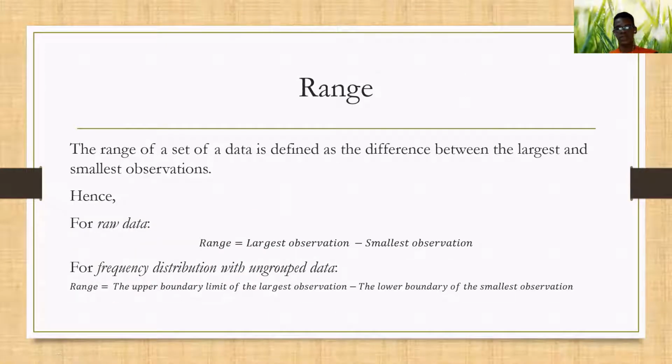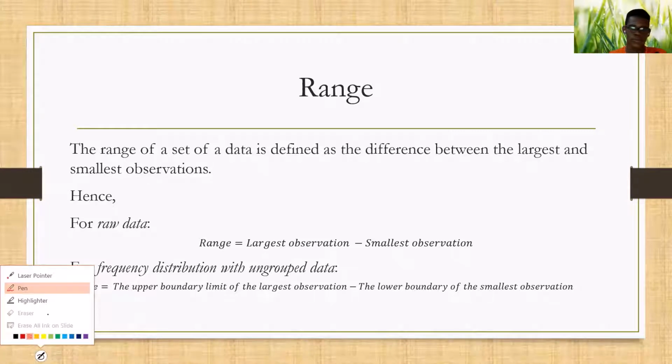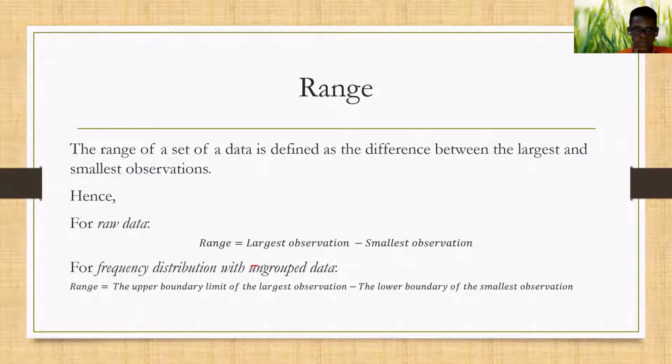So moving forward, what is the range, right? Good. So the range, plain and simple, right? The range of a set of data is defined as the difference between the largest and smallest observation, right? So your largest observation subtracted by your smallest observation, that is the range. Can't get any easier than that, right? So this should say ungrouped or grouped.